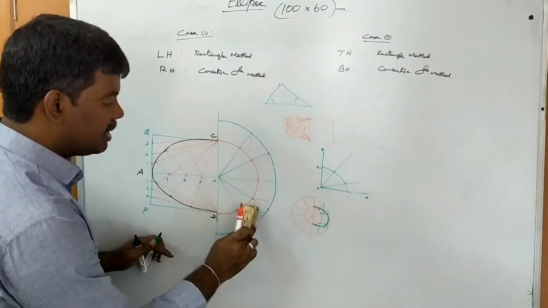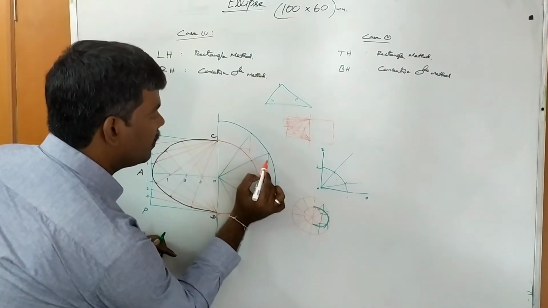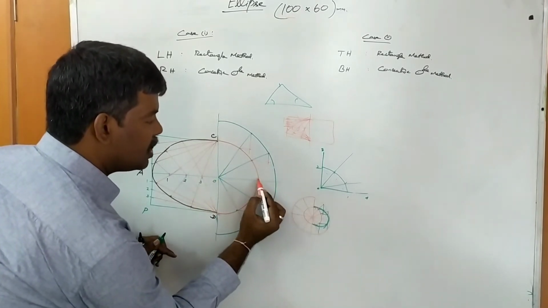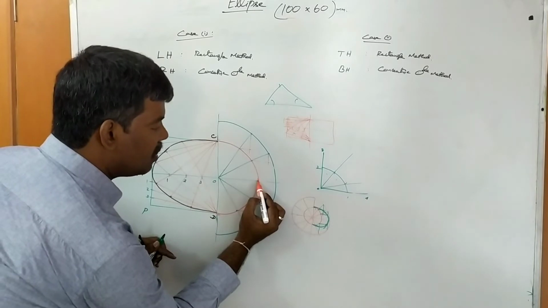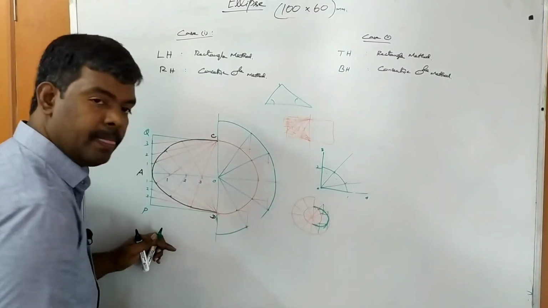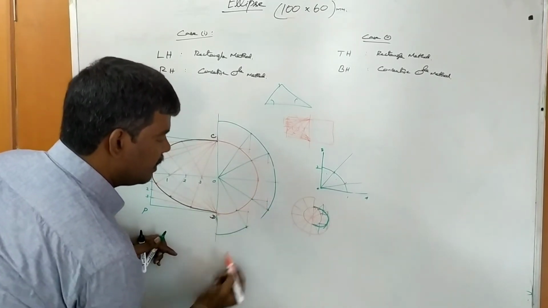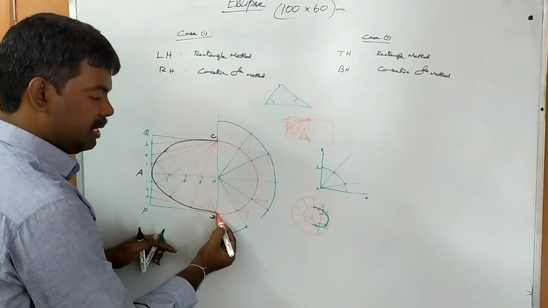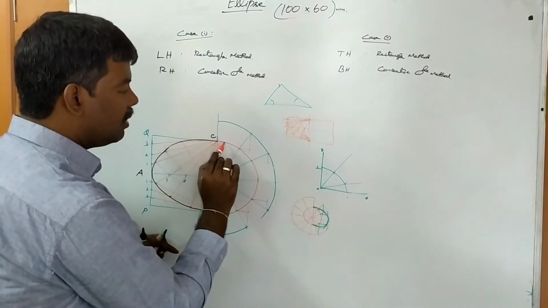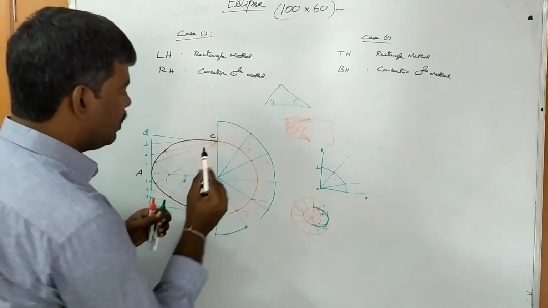Clear? Here, here. Okay, let us assume here also, from this point also, inner circle horizontal line, outer circle vertical line, where it is intersecting exactly on the major axis end, here and here. Clear? Including CD. So now you join all the points, okay, including CD. What do we get?